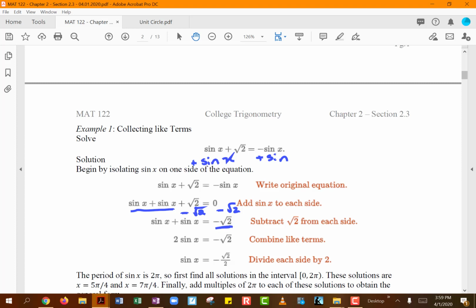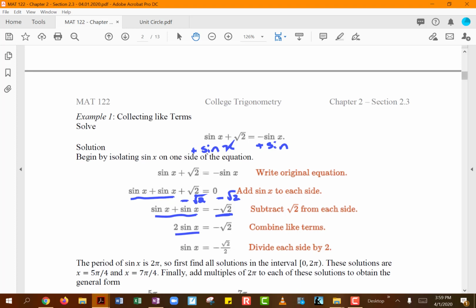So when we add sine of x with sine of x, that becomes 2 sine of x, and then of course you end up just dividing both sides by 2, and that gives you sine of x equals negative square root of 2 over 2. So again, think about it. Your sine of x function is going to be negative in which quadrants?